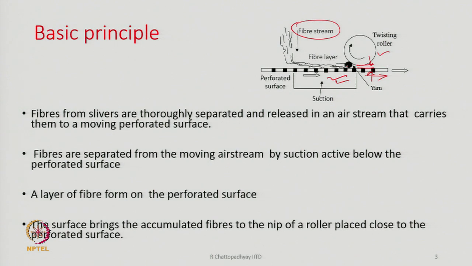So, the accumulated fibers will come into contact with the twisting roll and will gather there. Now, what is going to happen?